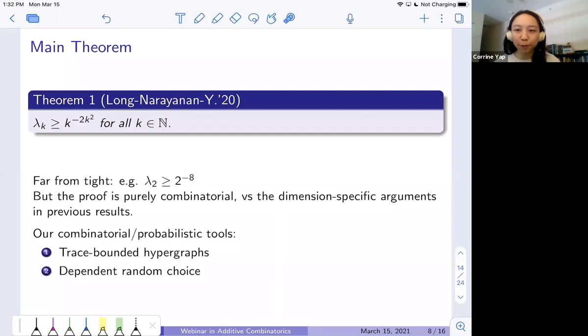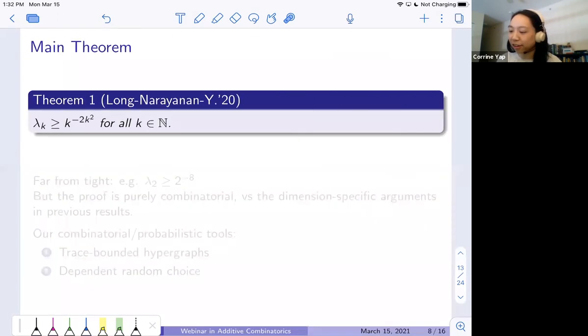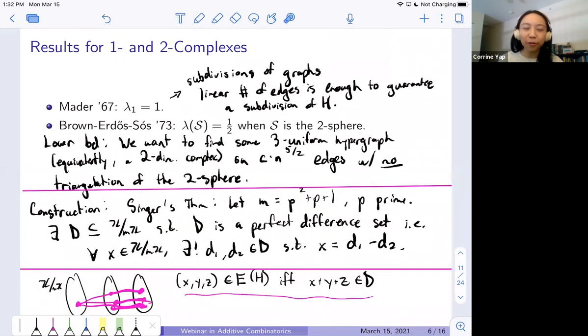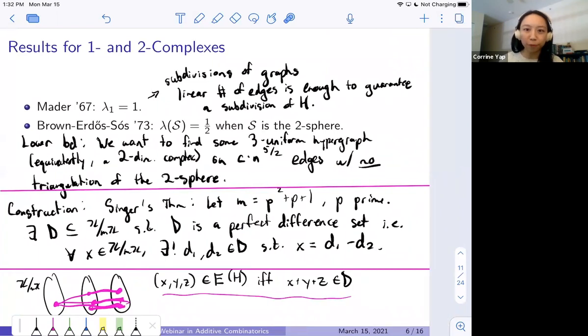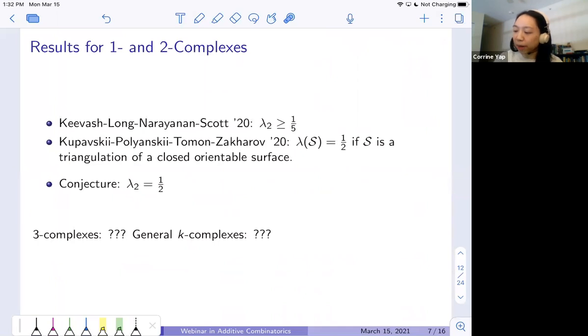But the advantage of this proof is that it's purely combinatorial, whereas the previous results had very dimension-specific arguments. For instance, when I was talking about the sphere, it relied on a very specific construction using perfect difference sets. The first result, the lower bound for lambda 2, also relied on specific geometric properties of the homeomorph that they were looking at.